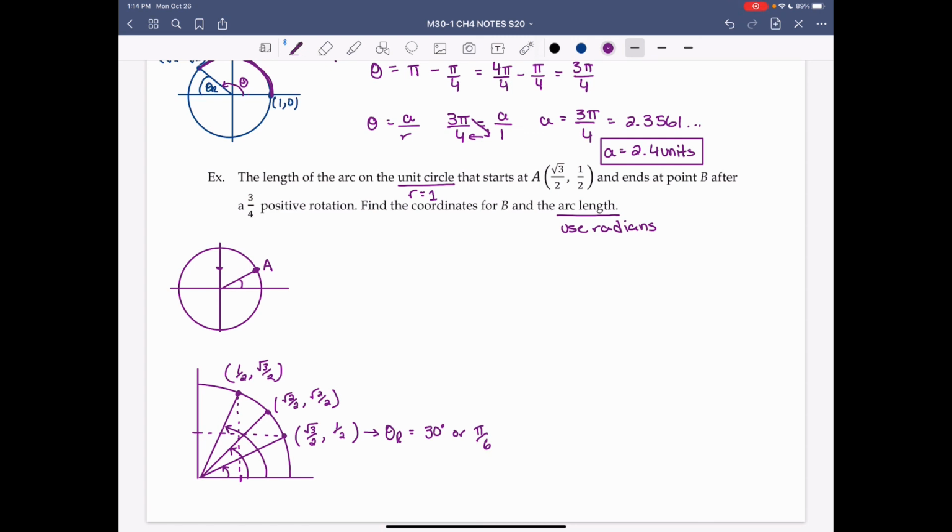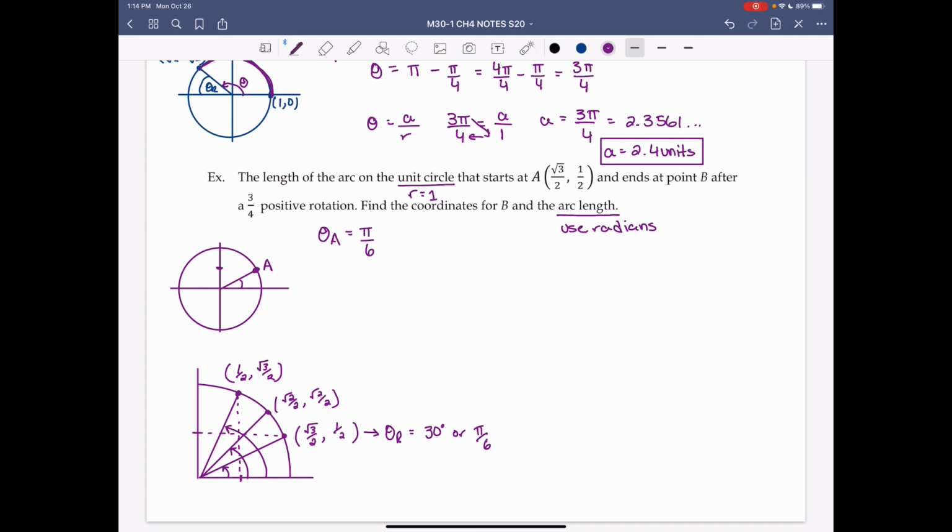Okay, so now we have that. We know that the reference angle for point A is pi over 6, or the angle for point A is pi over 6. So theta A is pi over 6. Then we need to figure out where this other point is.